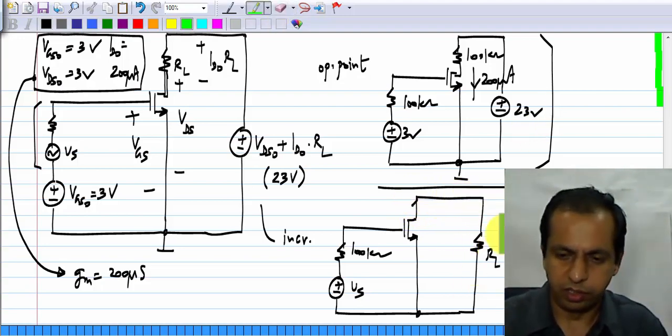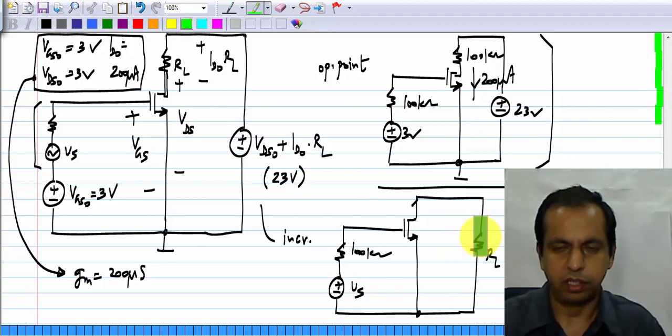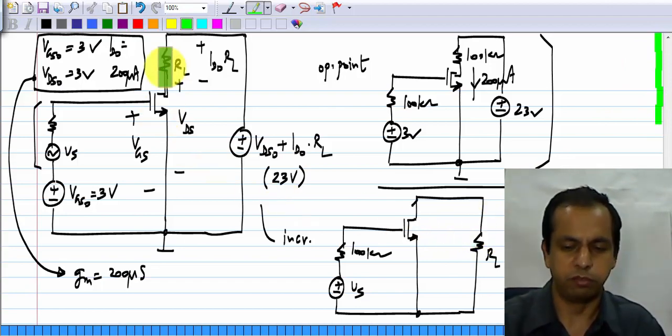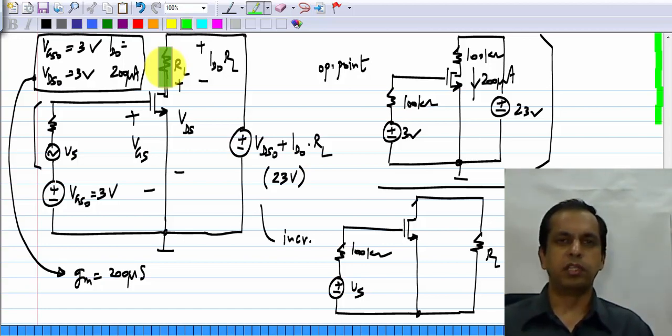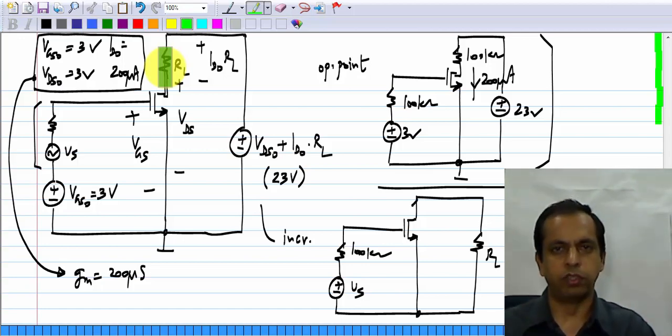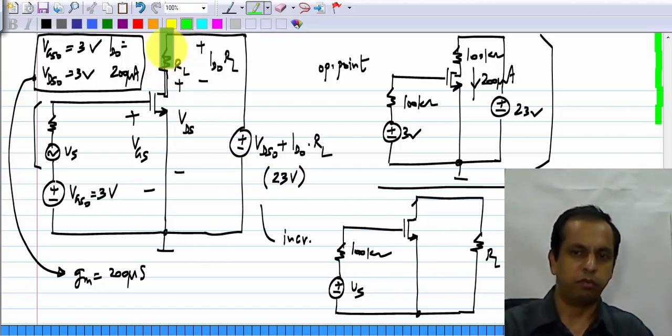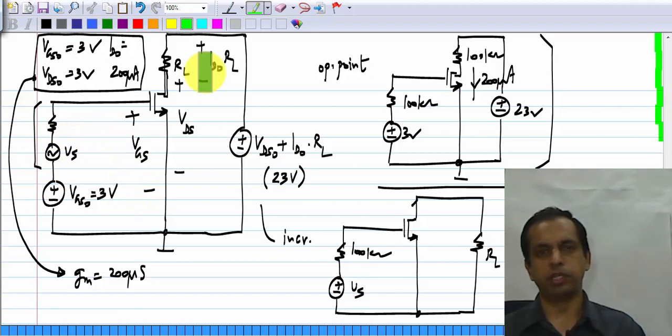I will show RL like this, but it is exactly the same as what you have here. Okay. Now, this works. It gives a gain of minus 20, that is the incremental voltage across RL will be minus 20 times the incremental voltage Vs, and it has the right operating point and so on.